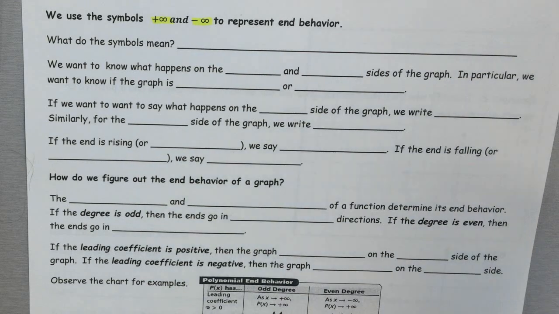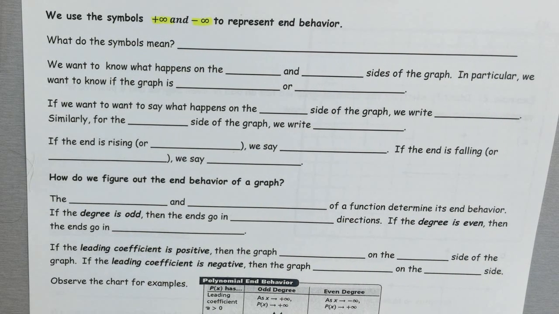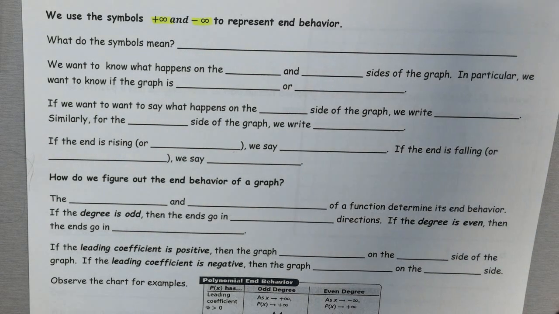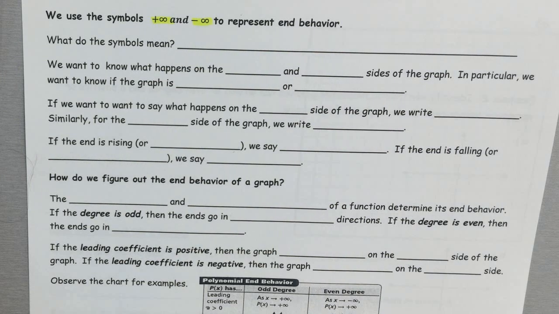Now, these symbols mean two different things, right? You know how we have words in English that mean two different things? Like cool. What can cool mean? Yeah, it can mean temperature-wise, that you're cold, right? Or it can mean that you're totally awesome.